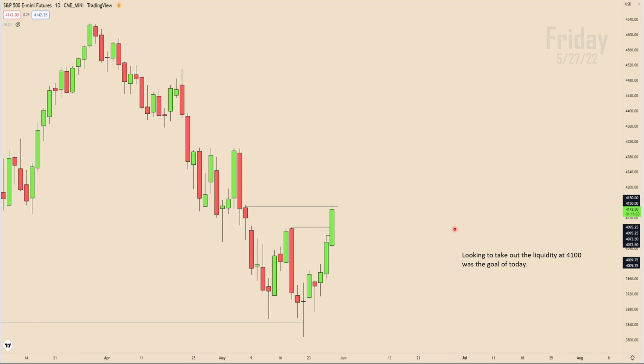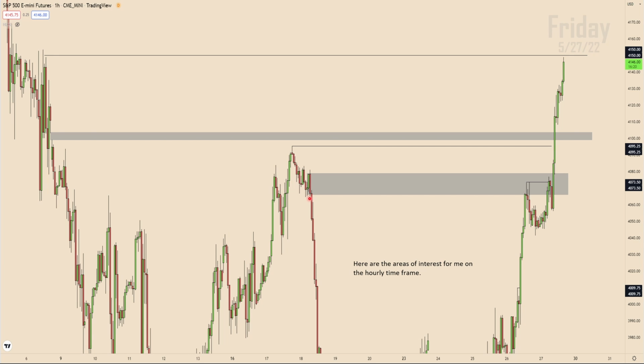Friday, kind of similar to Thursday, had the bullish mindset, with the goal of taking out the liquidity here. Had an order block right here, this high right there, this little gap, and then this 4150 level, which is basically this cluster of highs in there.